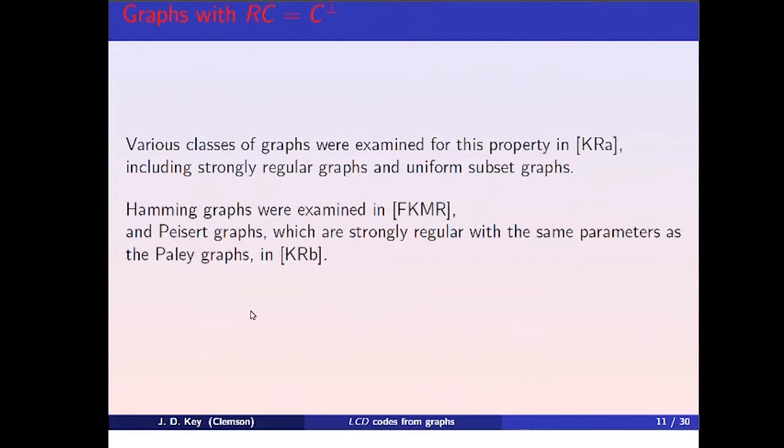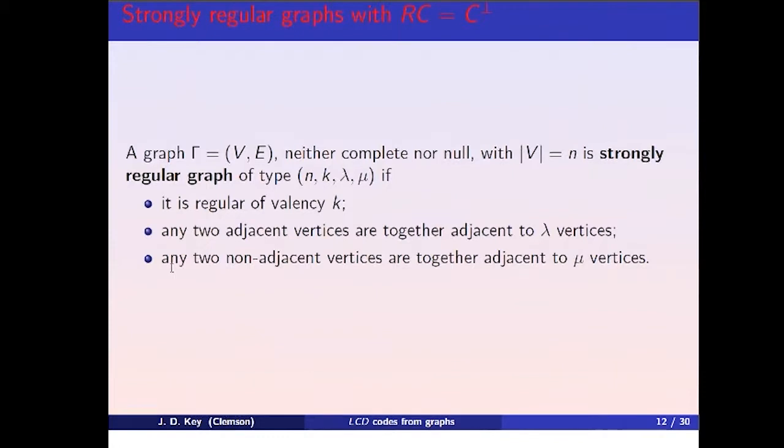Paley graphs are the famous strongly regular graphs because they give binary codes, the quadratic residue codes, which have been used for ages and ages, and you can say quite a lot about them. So I'll just talk a little bit about the Pizer ones.